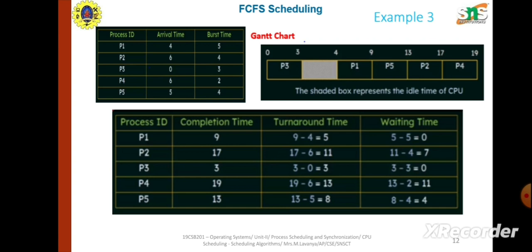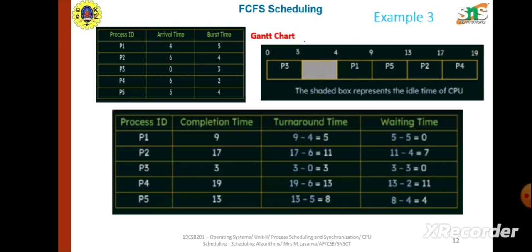Then for process P4, its completion time is 19 minus its arrival time 6. The value is 13 milliseconds, the turnaround time for process P4. Then for process P5, the completion time is 13 minus its arrival time 5. 13 minus 5 equals 8, the turnaround time for process P5.